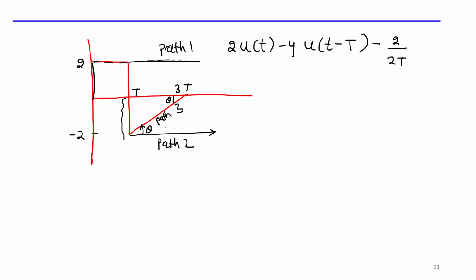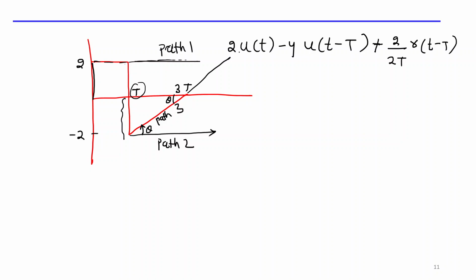But here the slope from path 2 to path 3, you have to take a positive slope. That's why the plus sign will come, 2 by 2T. And now you are moving in a ramp signal, r(t minus T), at which point you are making it upward, at t equal to T, the same T. That's why r(t minus T). Now you are moving in this path 3.